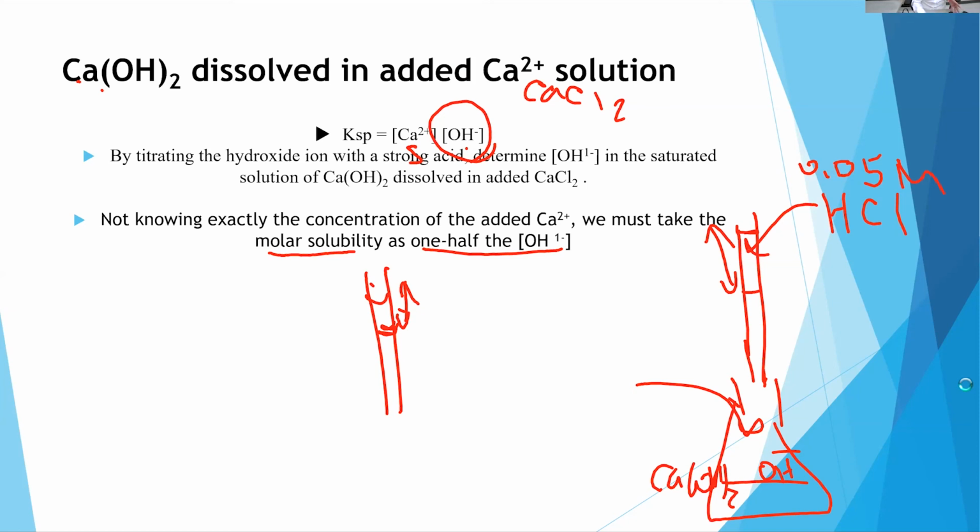At the equivalence point, the number of moles of HCl equals the number of moles of hydroxide ion, and that gives you the concentration of the hydroxide ion. And you divide the concentration by half, that would give you the concentration of calcium ion.